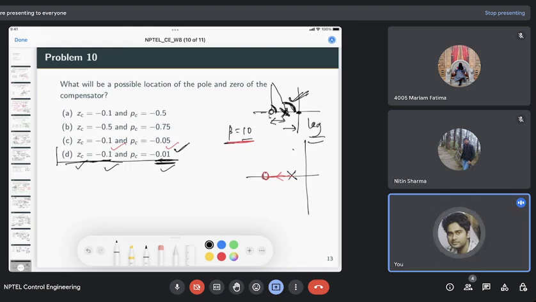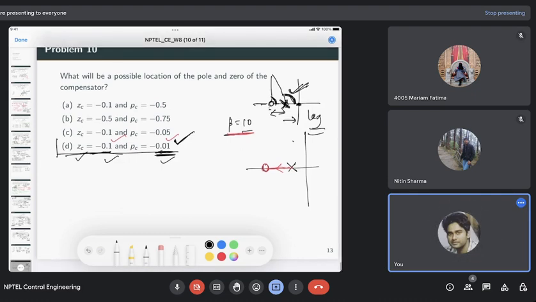That verification has to be done, which we are not doing here. By hand it is not possible, so you have to use MATLAB or any numerical software to plot them and verify. So this is the idea of compensator design using the root locus technique.